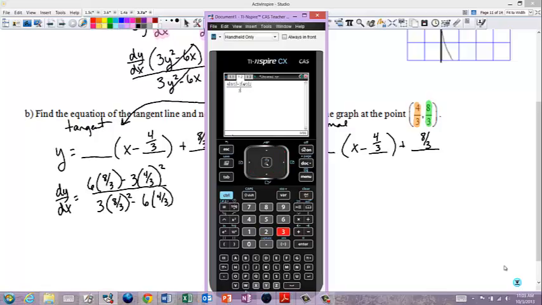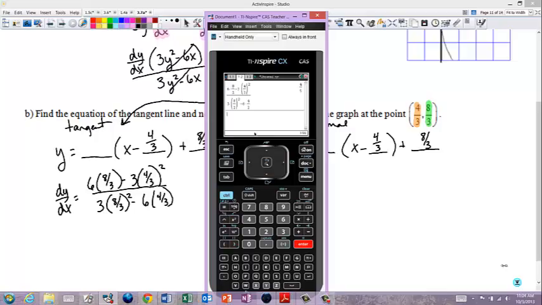I'm dreaming. 3 times 8/3 squared minus 6 times 4/3. I see a mistake. Squared. I don't like that it tried to square my whole thing. Hold on, I gotta fix that. Stupid calculator sometimes. Squared. Okay, check it now. 6 times 8/3 minus 3 times 4/3 squared over 3 times 8/3 squared minus 6 times 4/3. This should be a closed parentheses right there.